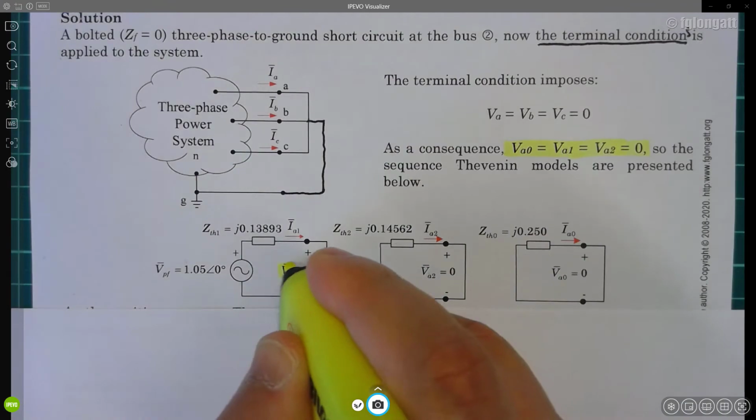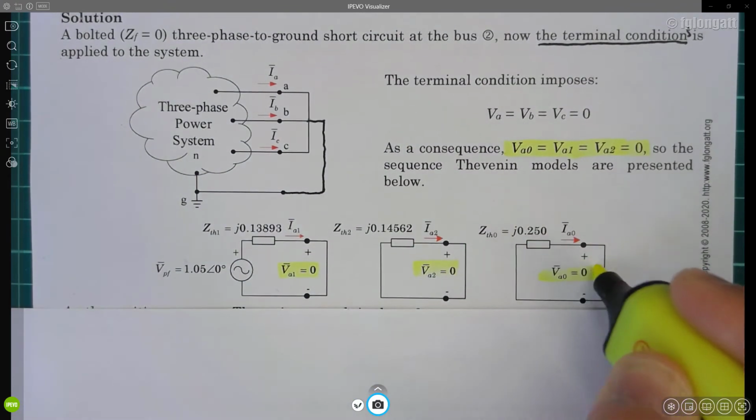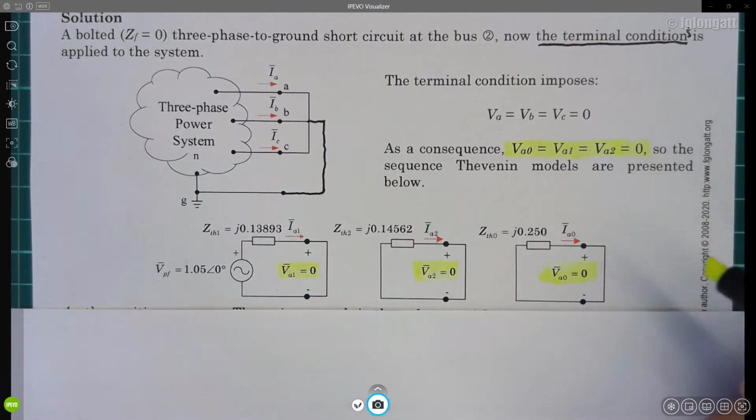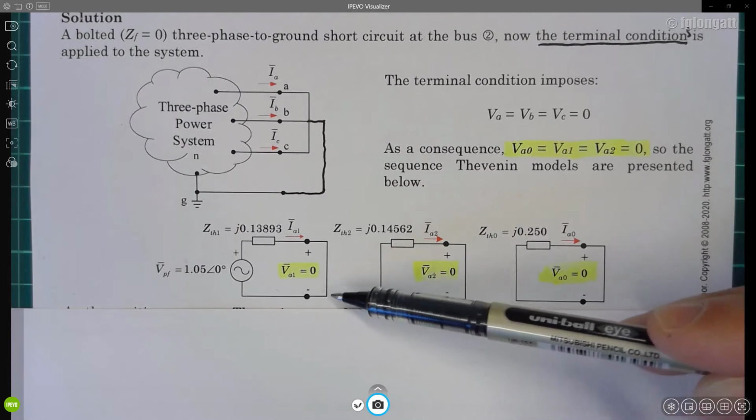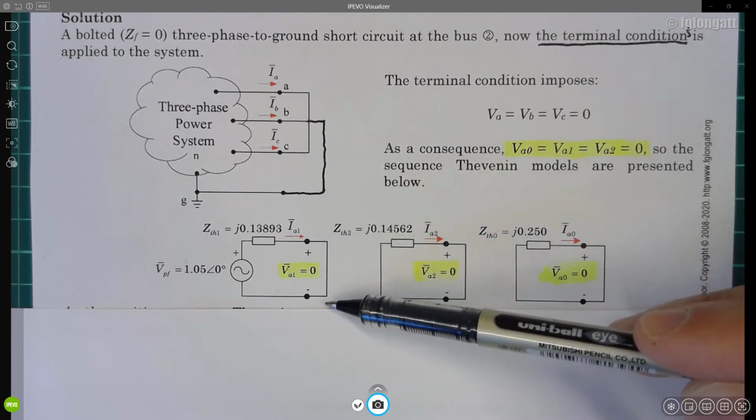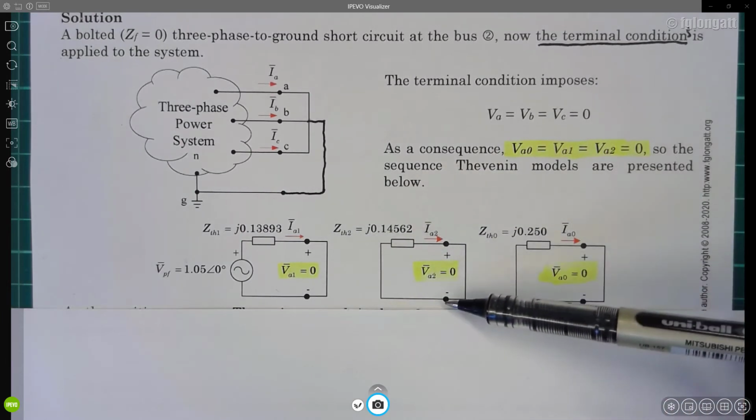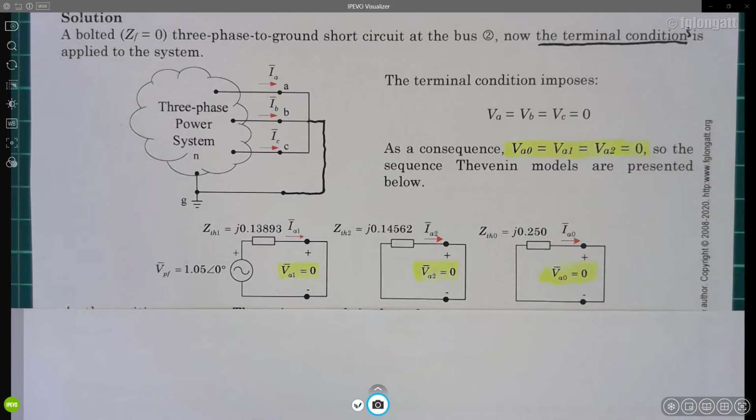And what is the way that I can do that? Well, extremely simple. I will apply a short circuit at the Thevenin for positive sequence, negative sequence, and zero sequence.